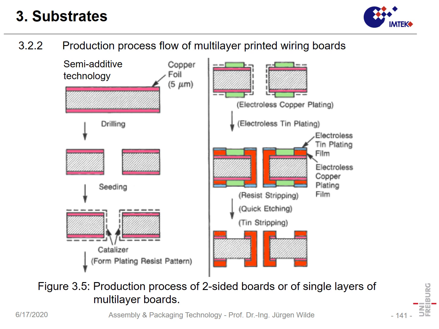Okay. Now, what is the process in order to get to such boards? Here a very important invention was made. We have this FR4 material, which is typically epoxy glass, and that material is covered with a copper foil.